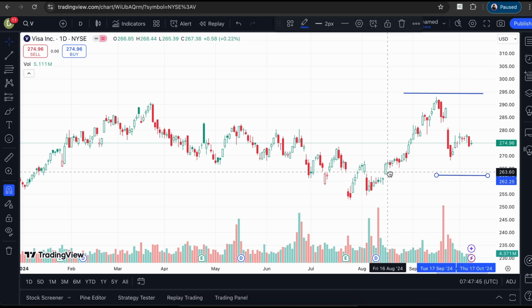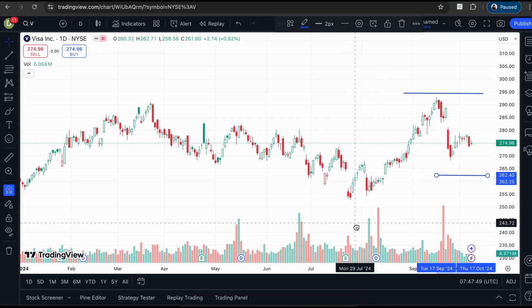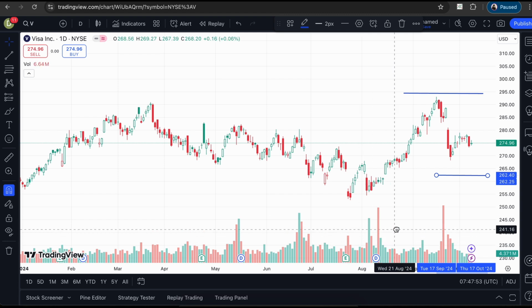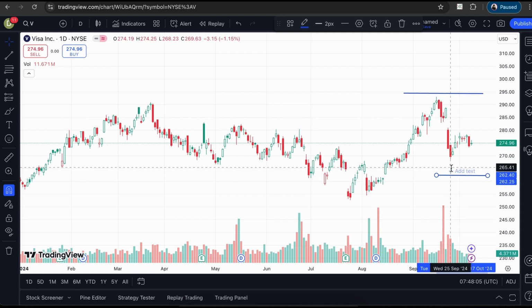So this is a good sign, and as you can see, when the stock was approaching this level, the volumes skyrocketed. That means that there was a large buyer who was holding the stock price at that level. This is a good sign. And in our case, when it approaches this level, there is a probability that it will bounce back.